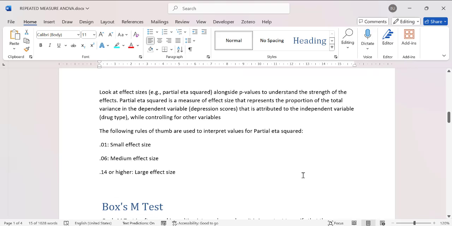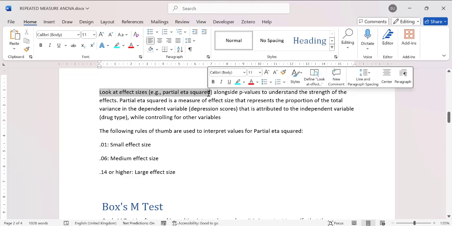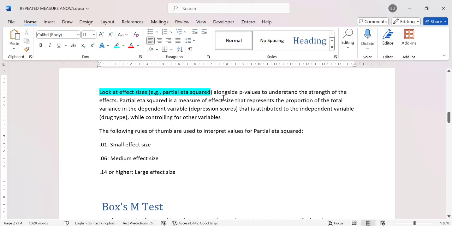And then one more thing, we also look at the partial eta squared, that is the effect size, alongside the p values, and you follow the rules of thumb.